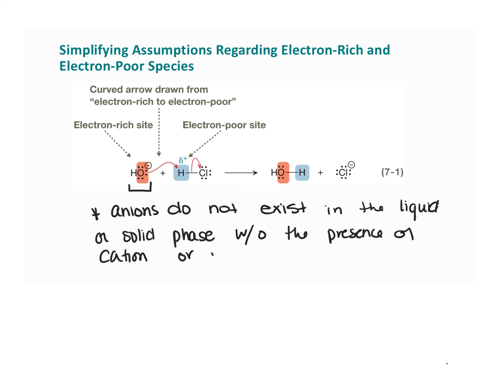Or vice versa. You can't have a cation without an anion.